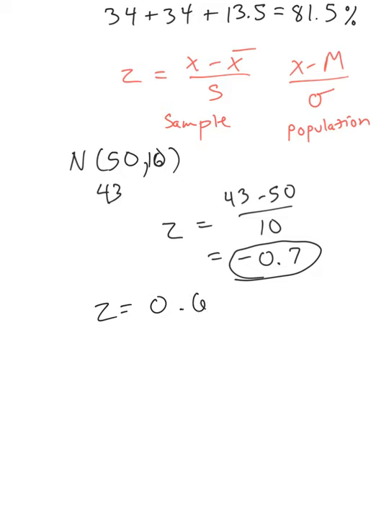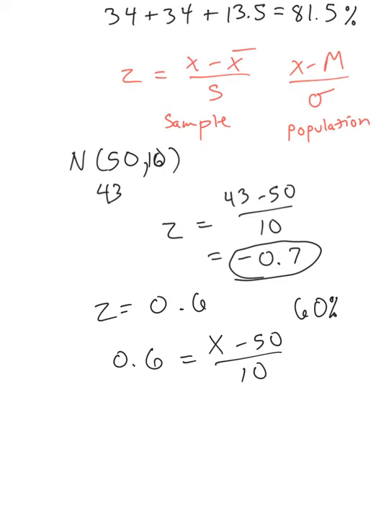We want to know what score a person has to get to be at the 0.6 z-score, compared to everyone who took the test. So we plug it into our formula: 0.6 equals x minus 50, divided by 10.